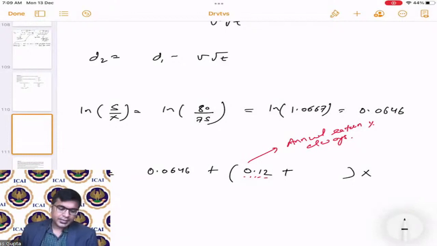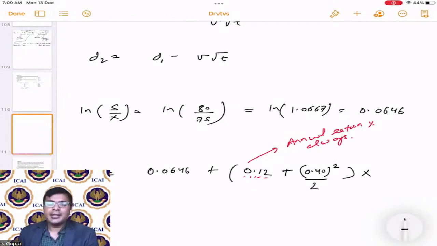Then plus 0.40 square divided by 2. One more thing, students, if you see, we have converted all the percentages into decimals for the ease of calculation here, correct? Because if you put one thing in percentage and another in decimal, then there might be some confusion in solving it.